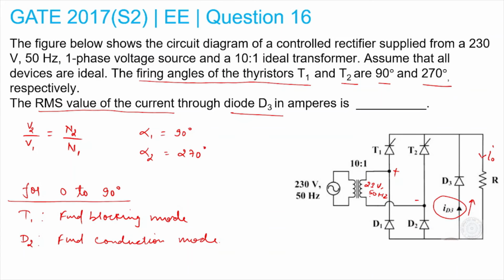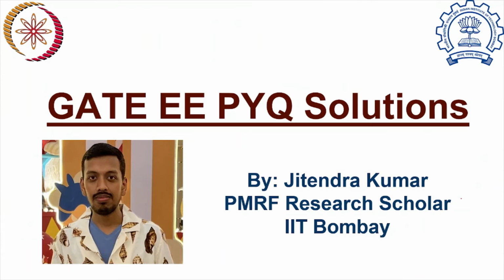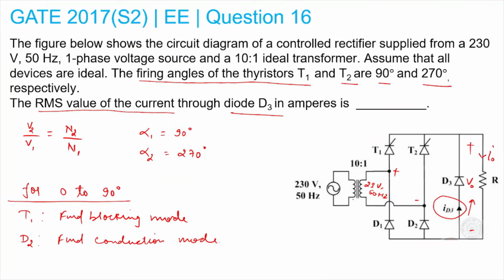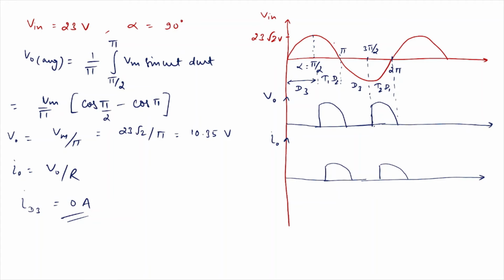When T1 and D2 both are conducting, this output voltage would follow the input. So the input is this sinusoidal one, and the output would follow from pi by 2 to pi.